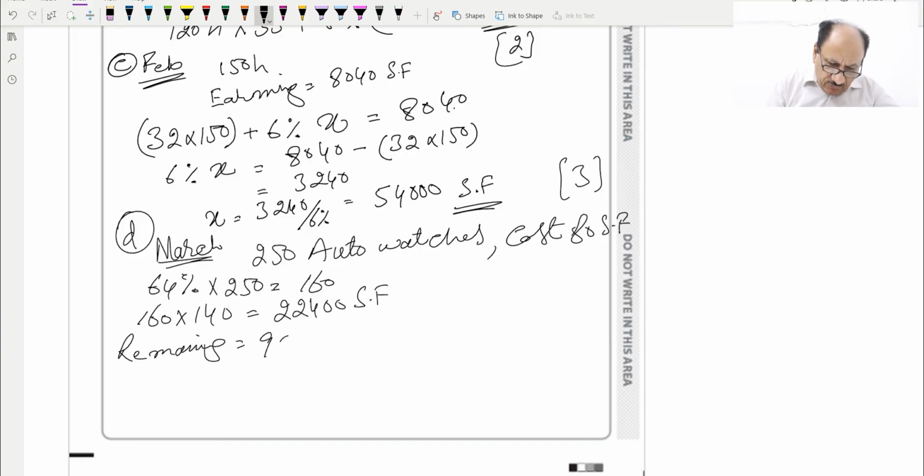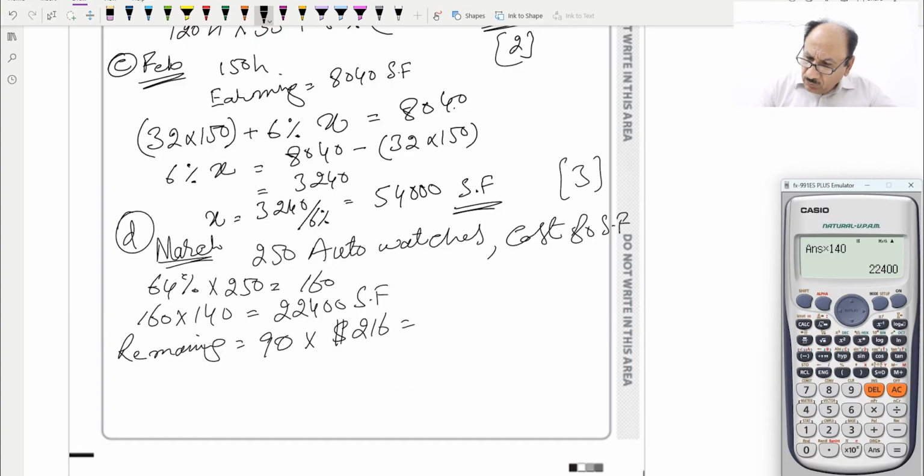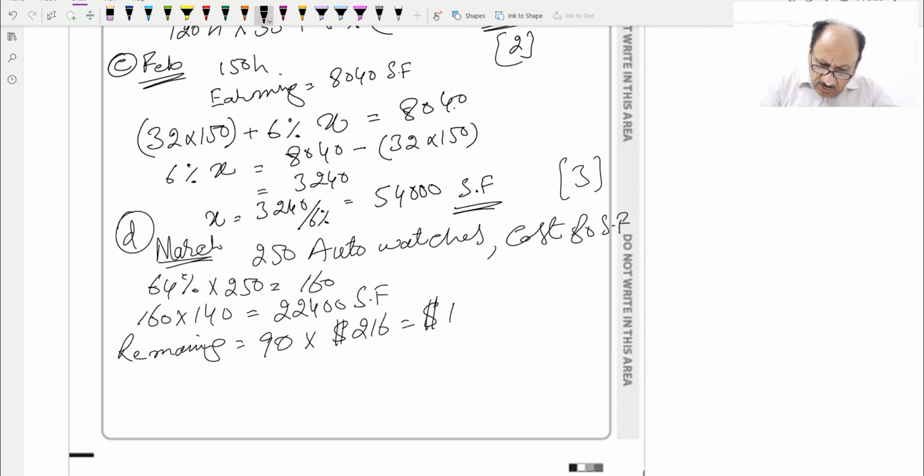The remaining automatic watches are sold in America for dollars, multiplied by dollars 216. So 90 into 216 will be equal to $19440.